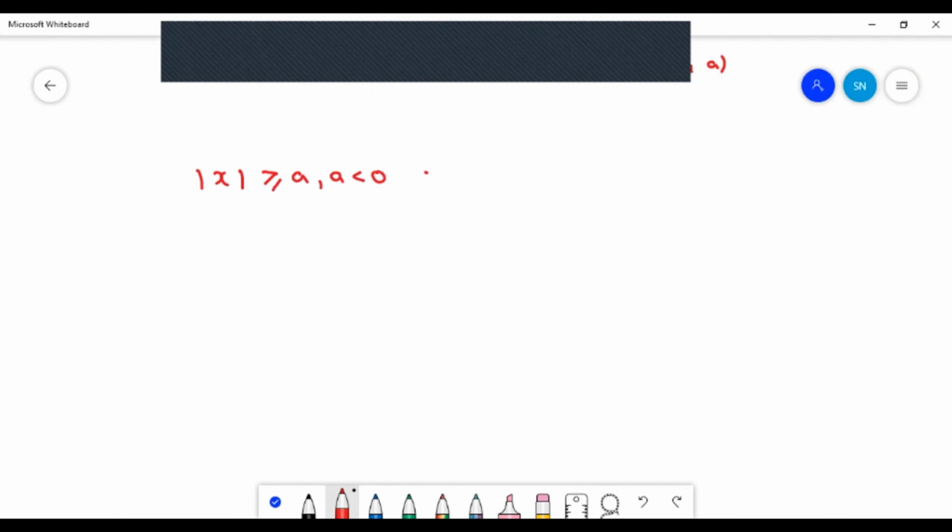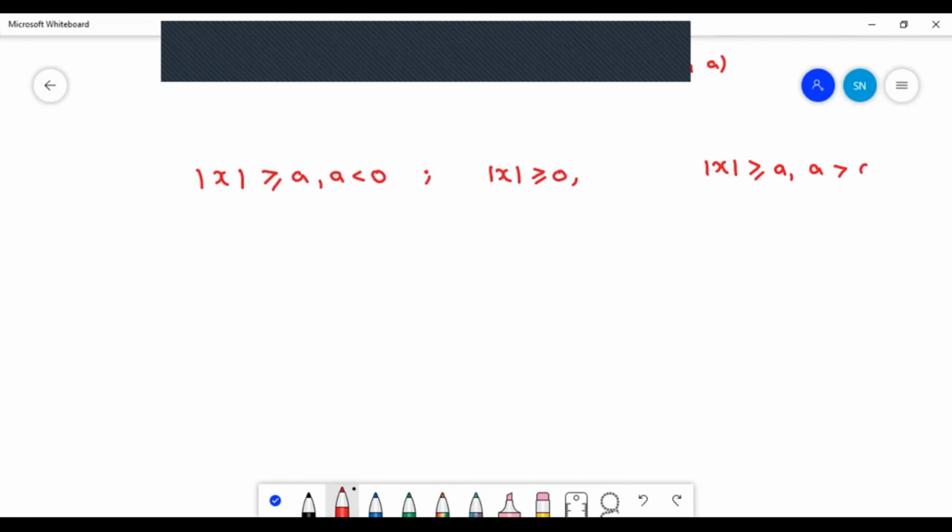So modulus of x is greater than or equal to a when a is less than 0. Modulus of x is always a positive value, and this is a negative value. A positive value is always greater than a negative value. So for any value of x, it satisfies.